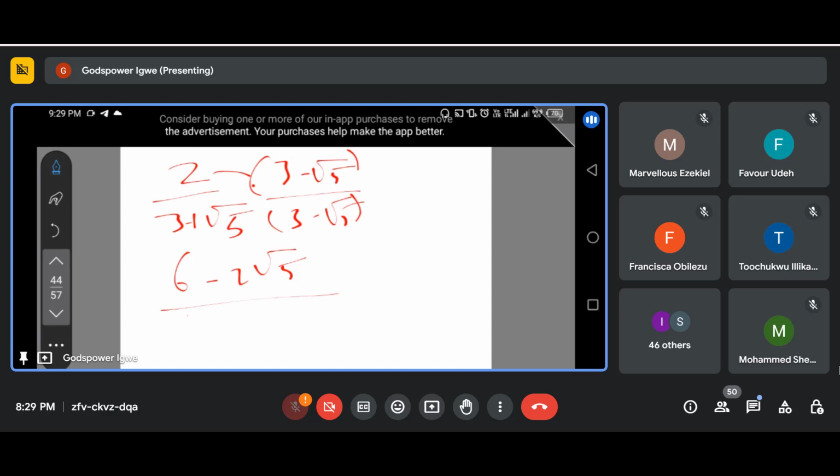For the denominator, 3 times 3 gives 9. Then 3 times minus root 5 gives minus 3 root 5, and root 5 times 3 gives plus 3 root 5.